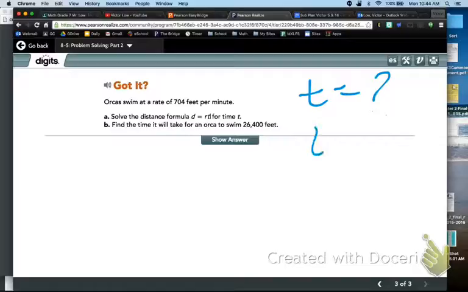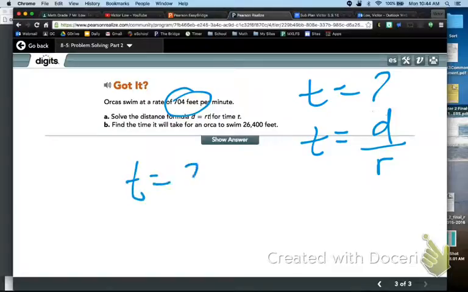Hopefully you know t is distance over rate now. So now we can plug in what we need. Find the time it would take for the orca to swim 2,400 feet. And this is the rate, so we know that time is equal to 2,400 feet over 704. We're in the same unit, so we're talking about feet and feet.